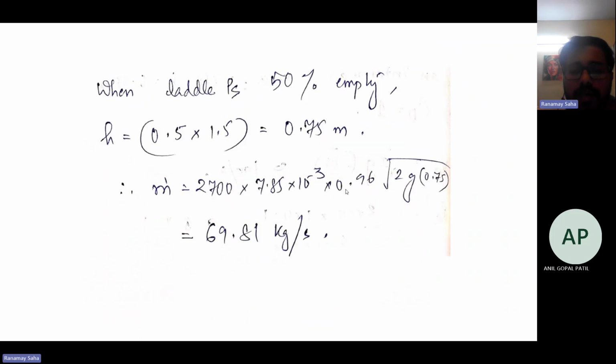Then you have the velocity of discharge through the nozzle, which is CD times the square root of twice GH. Now the H in this case becomes half, and CD is 0.96 for a turbulent regime flow. The total mass flow rate becomes 69.81 kg per second. So I hope the problem is clear now.